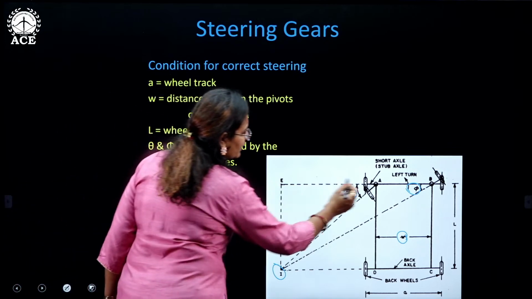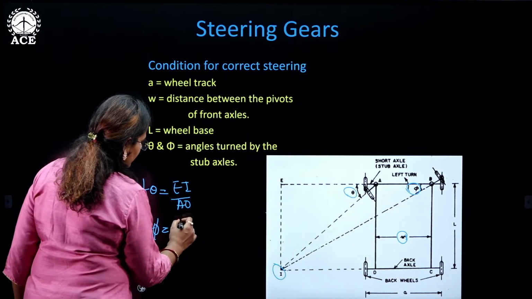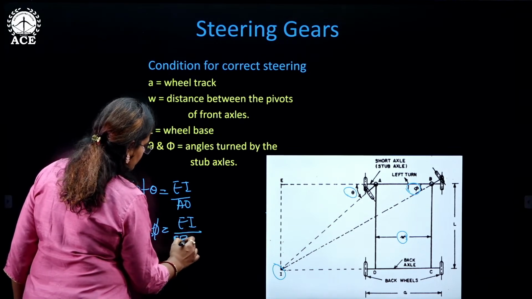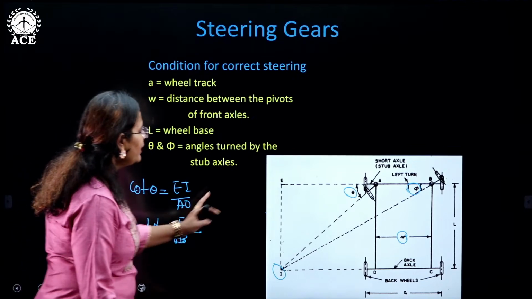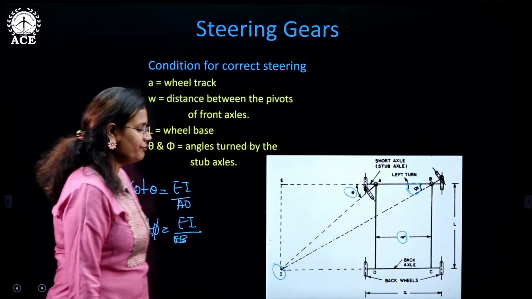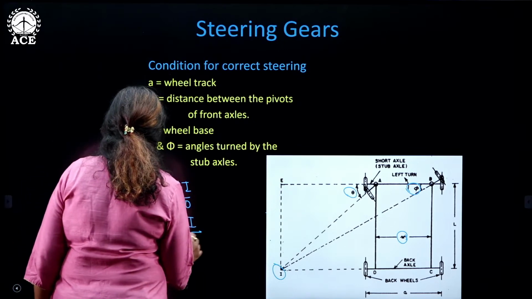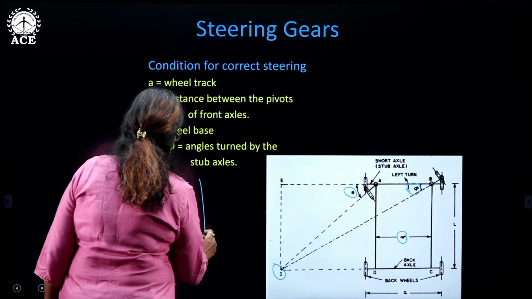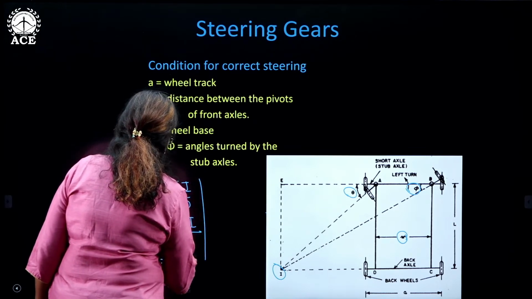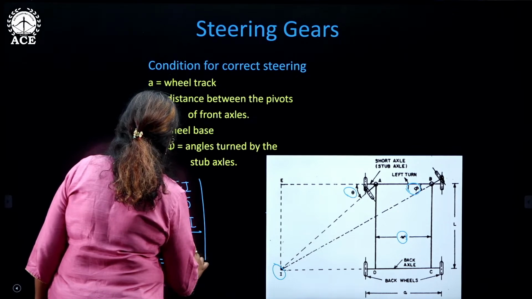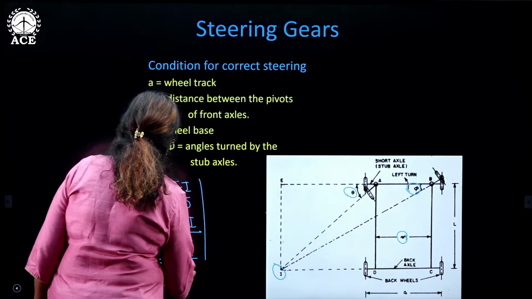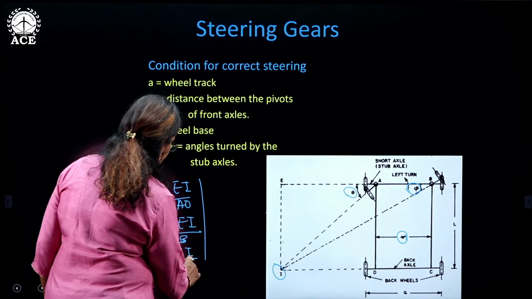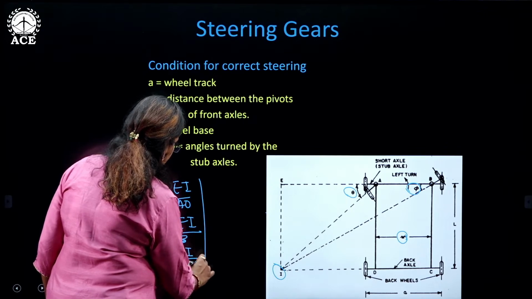For cot phi I have to consider this bigger triangle, which is EI by EB. EB can be written as EA plus AB.